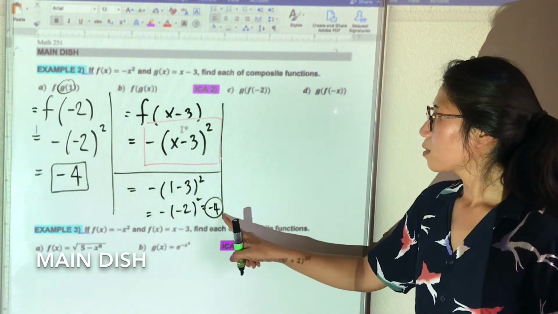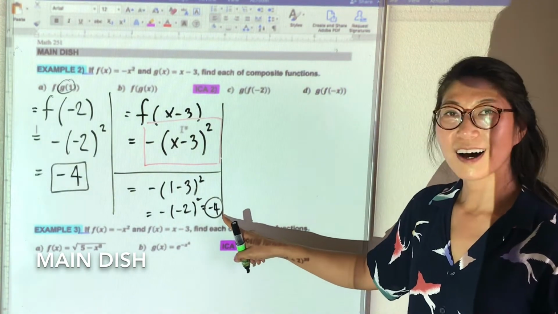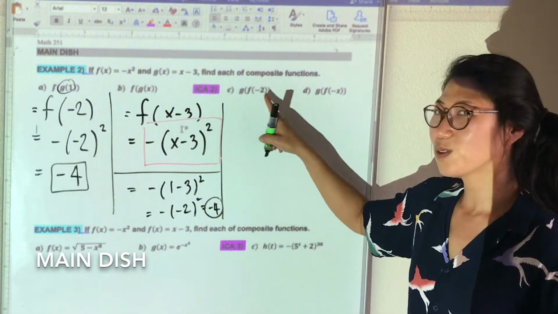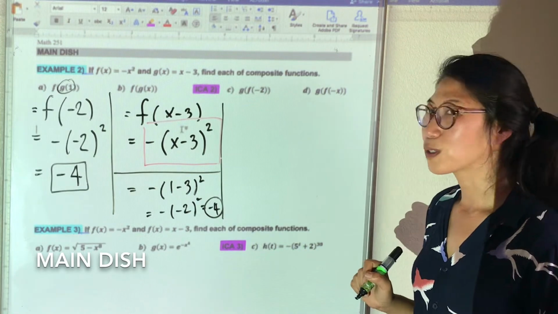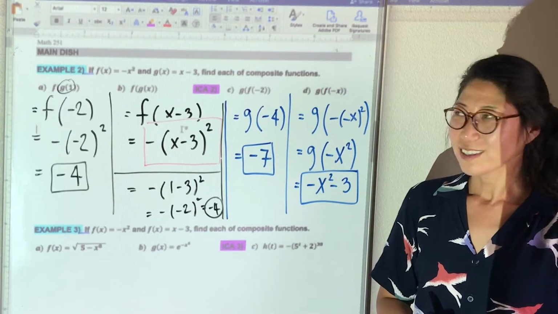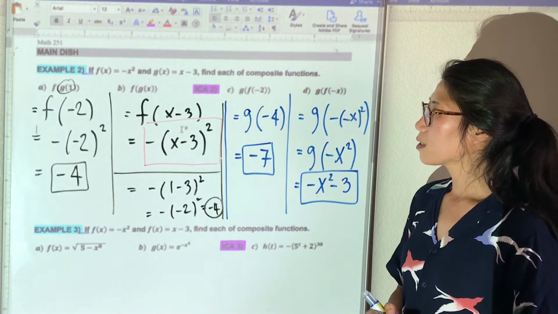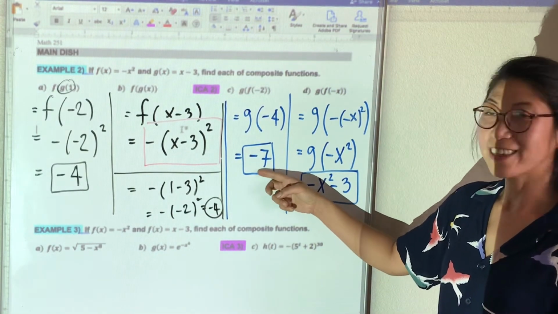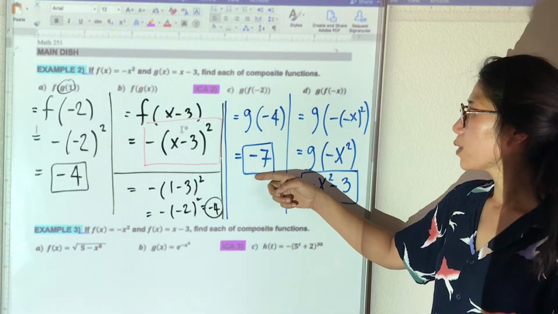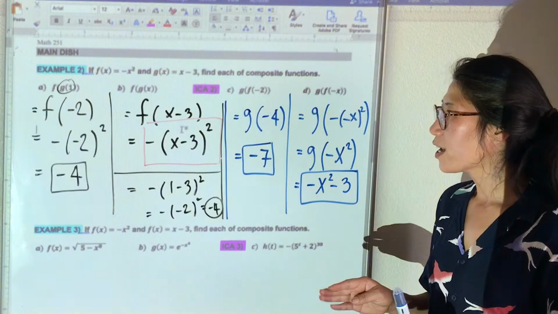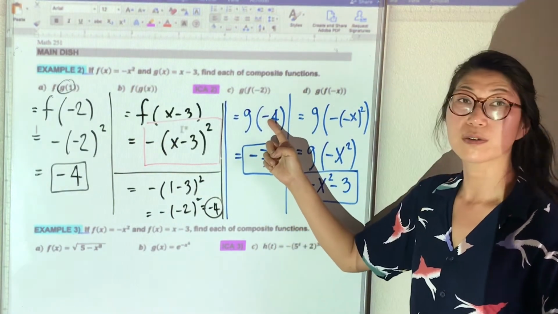If you understand this one, now I want you to pause the video for a couple of minutes and try in-class activities number 2 and check your answer with me. Class, now let's check the answer of in-class activities 2. The first one, see I got negative 7. Make sure when you plug in negative 2, the square makes 4 and the negative outside makes it negative again.